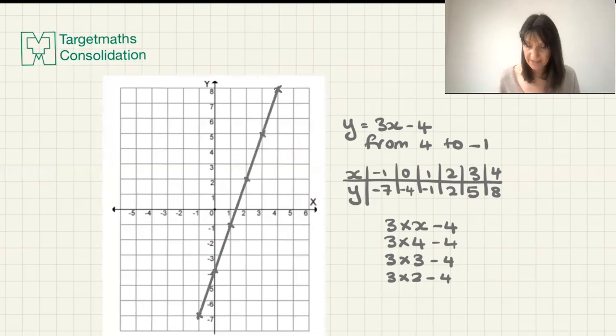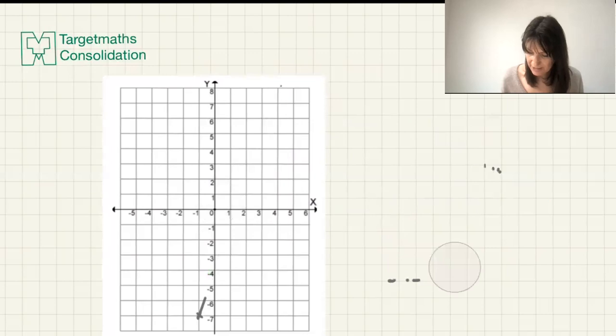Get that line in, and happy days. There's y equals 3x minus 4. And if you remember, I'm just going to point it out just because it's there. Remember what we were saying, that last part, minus 4, should be where it crosses, and it absolutely is. So that's good too.